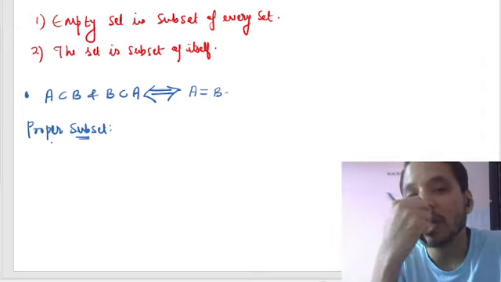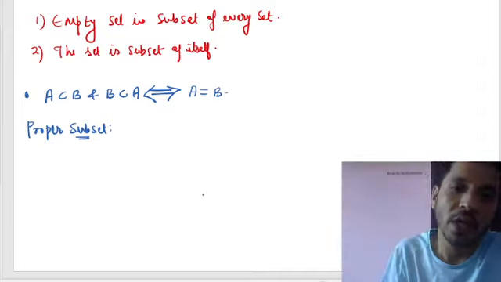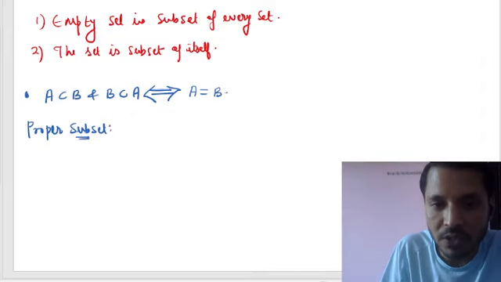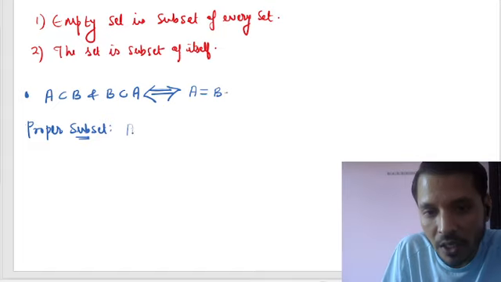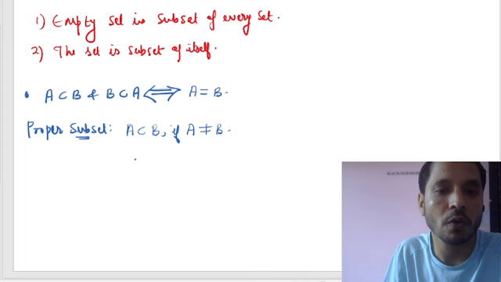As we know, all sets are subsets of themselves, right? So for a proper subset, what is the condition? If you have the set A which is a subset of B, when will it be a proper subset? If A is not equal to B. If A is equal to B, then it cannot be a proper subset.